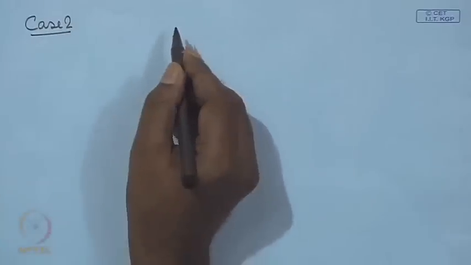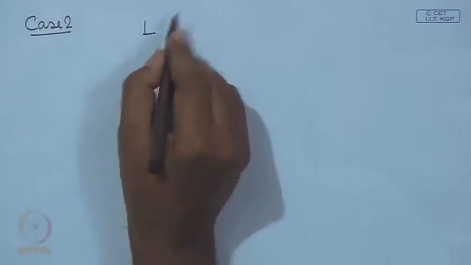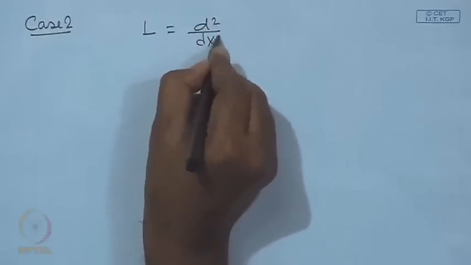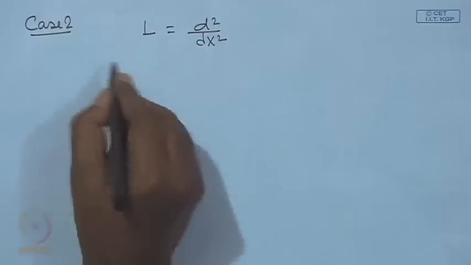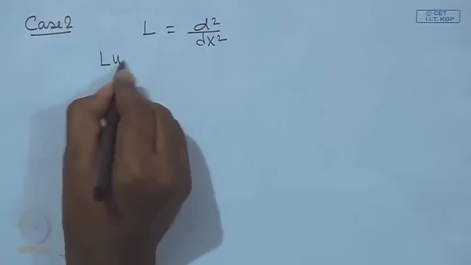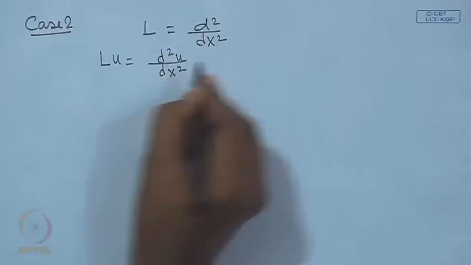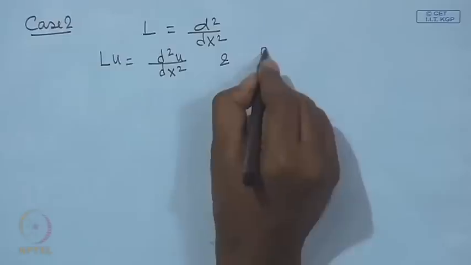So, let us formulate the problem once again. Let us put it under case number 2. In this case, the operator is same one dimensional. So, L u is equal to d square u d x square, and let us say what is B?